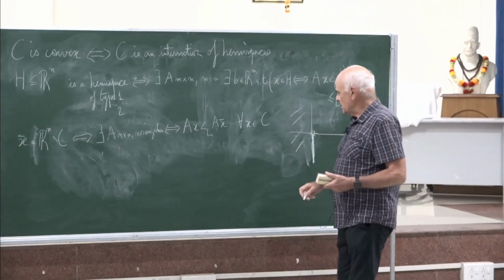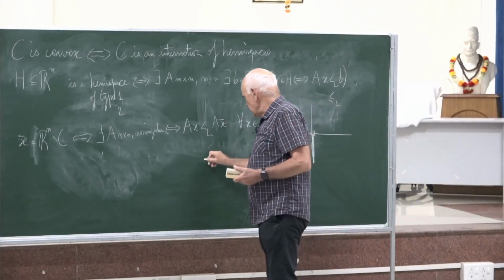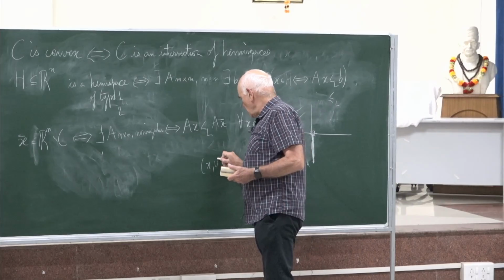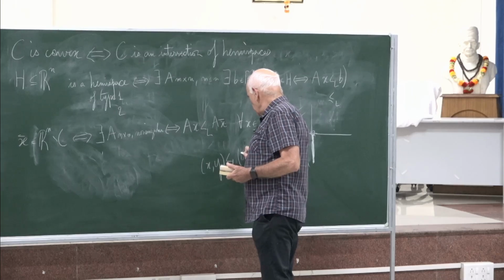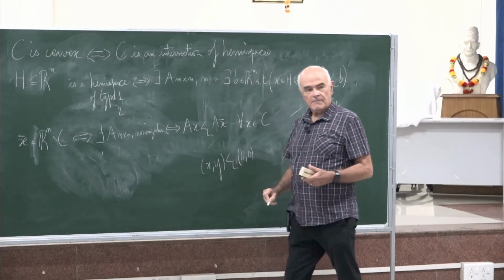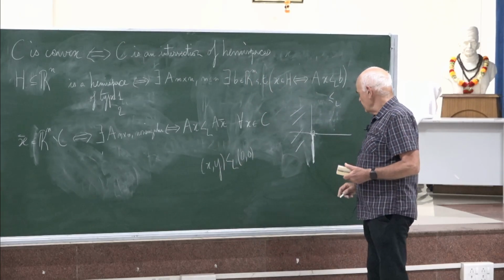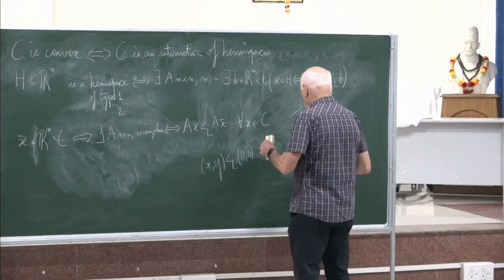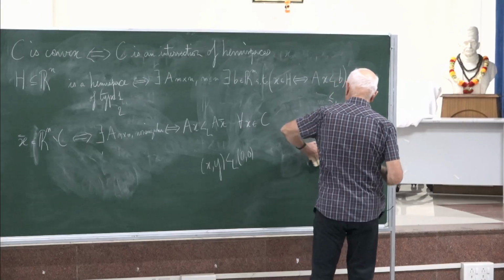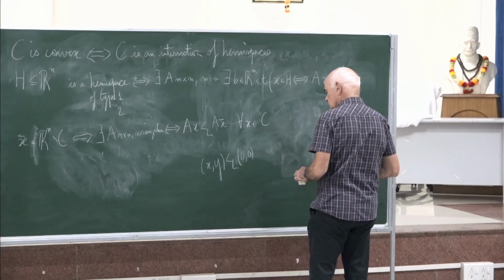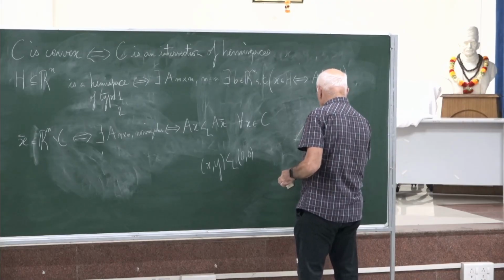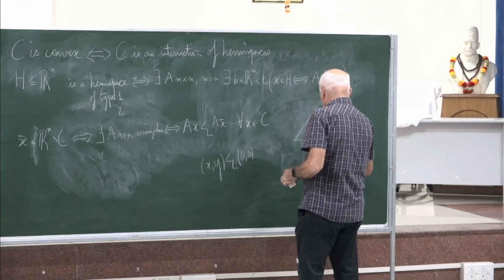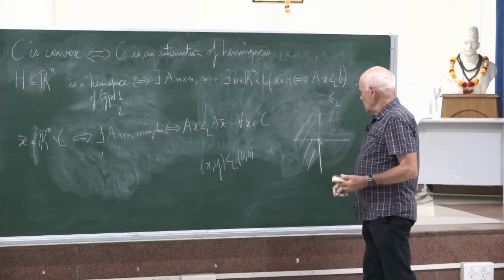So this is the set of points such that (x, y) is lexicographically less than (0, 0).